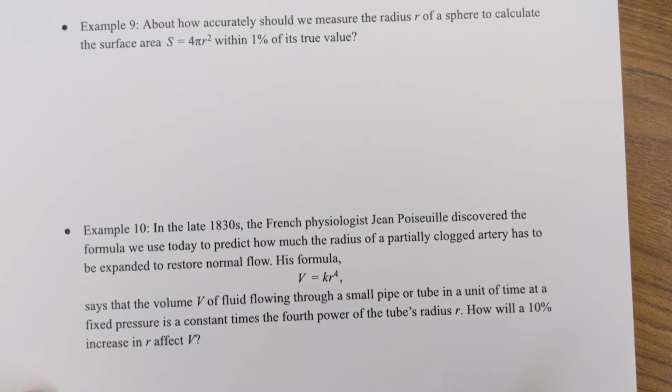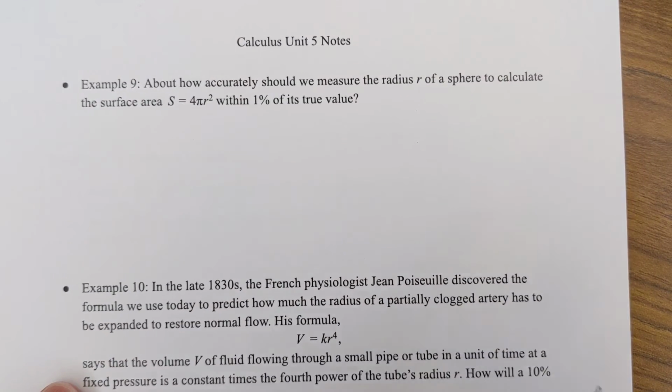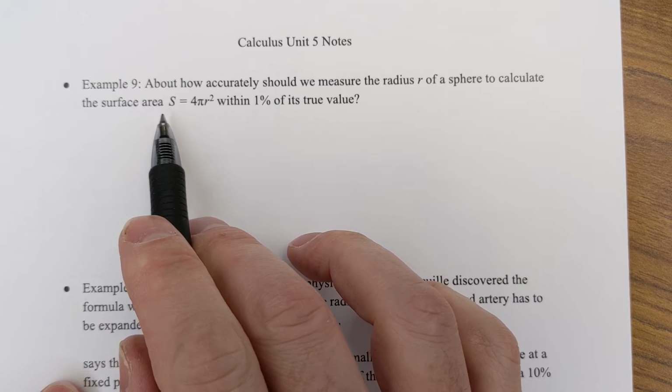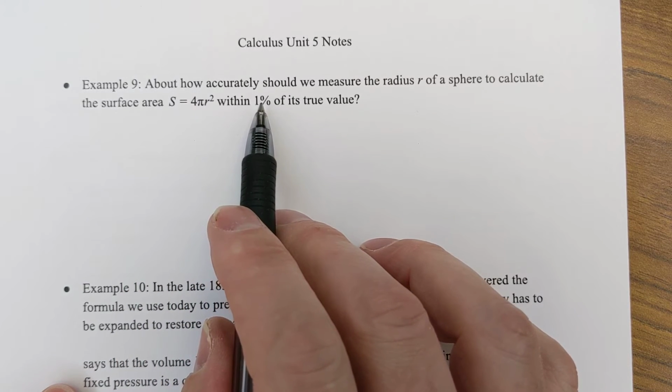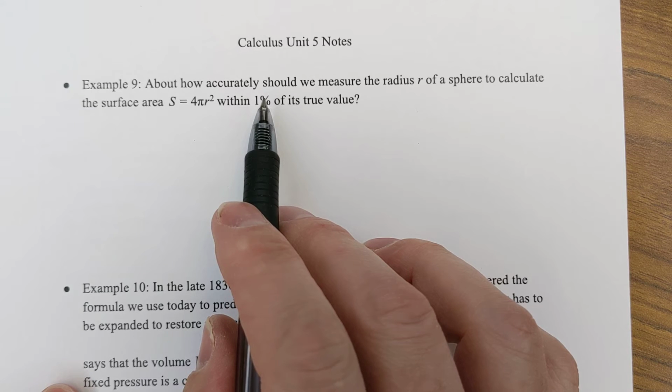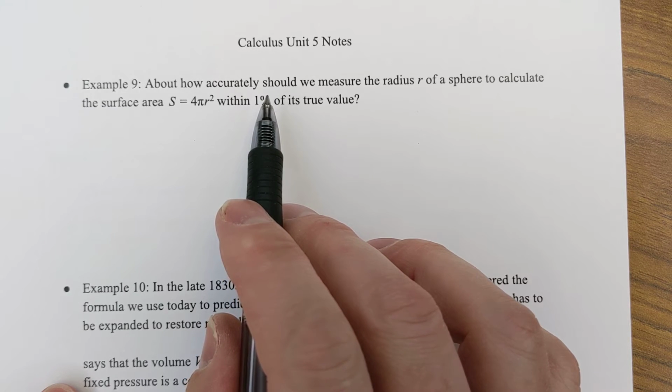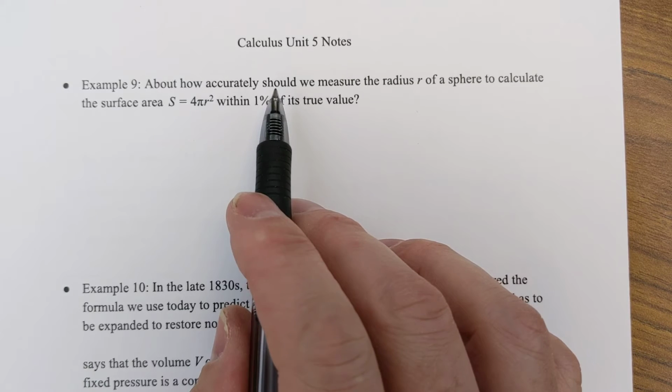Okay, example 9 here. About how accurately should we measure the radius to calculate surface area to within 1% of its true value?